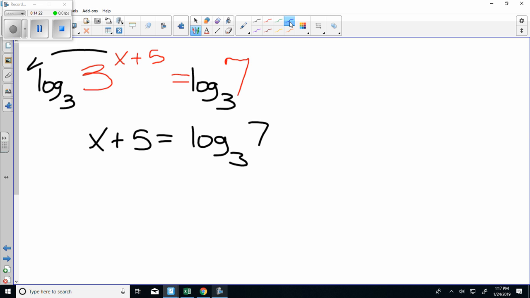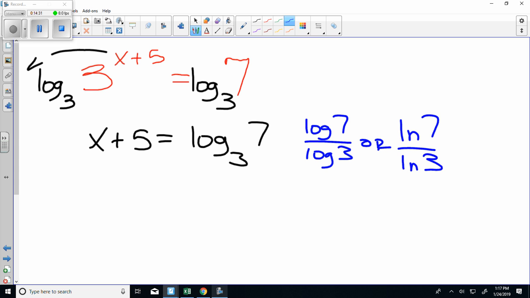If you do not have a calculator that you can type that in, then you have to do log of 7 divided by log of 3, or ln 7 divided by ln 3, either way. And then finally, subtract 5.